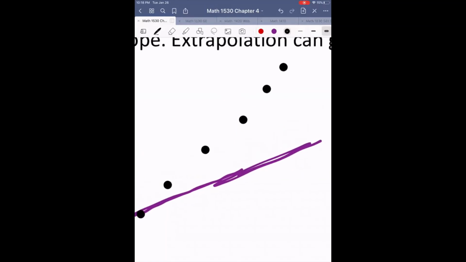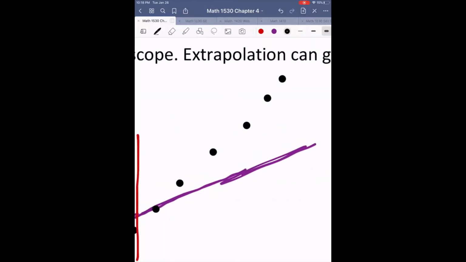But does it still make sense to use this line to approximate that relationship? Well, the answer is no. This wouldn't be a good way to model the data set for these particular data values here. So this is a situation where we would get in trouble if we use that line to predict too far into the future. So just be careful of that.